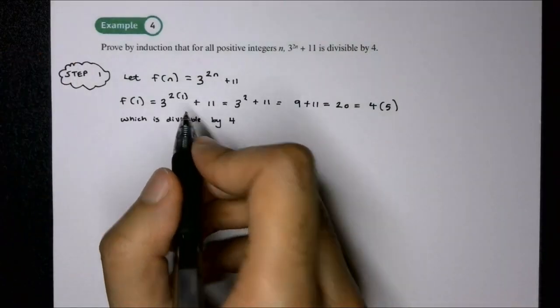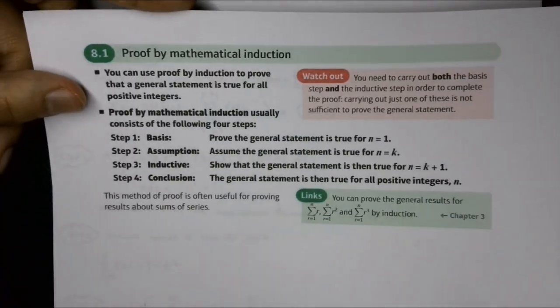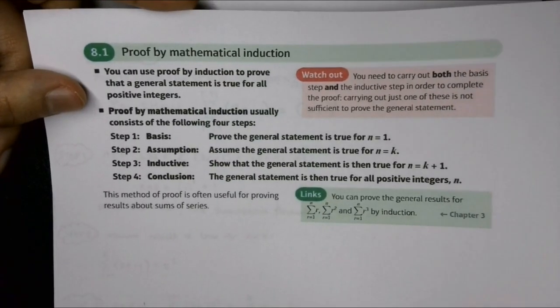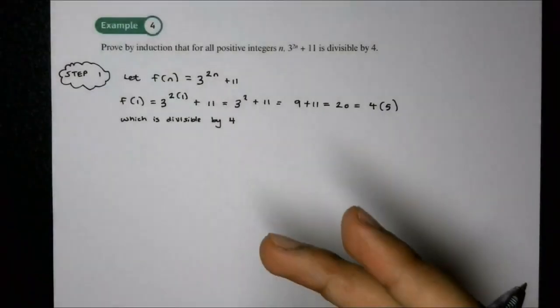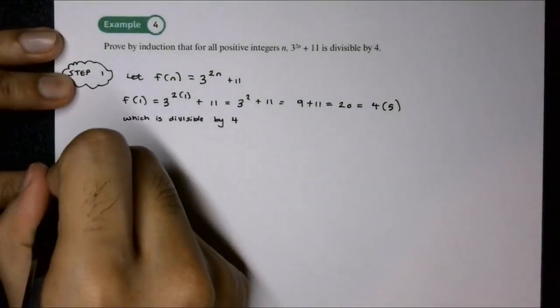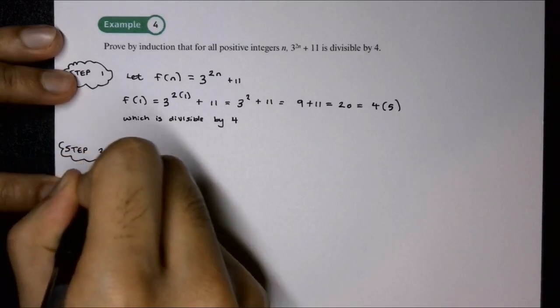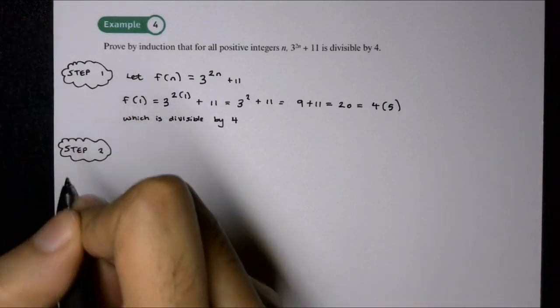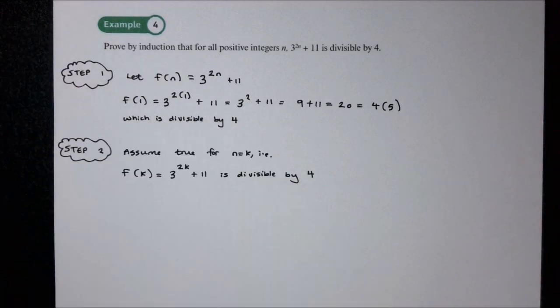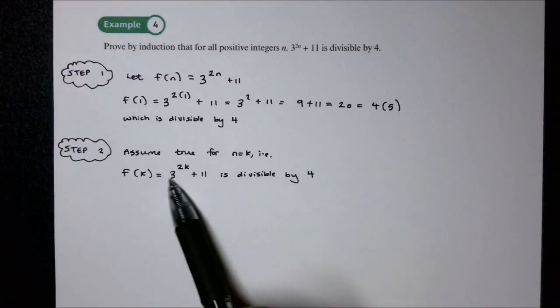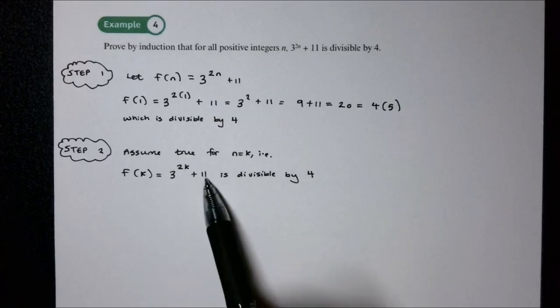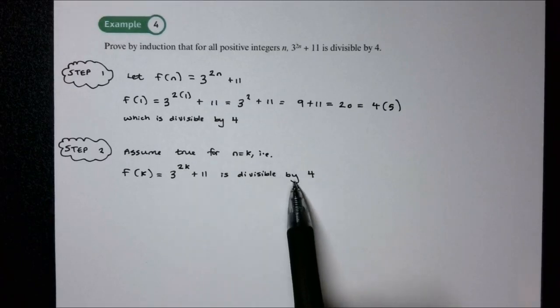And then you may recall for our second step, that's when we assume that the result is true for n equals k. So for step 2, we will assume that the result is true for n equals k. In other words, f of k equals 3 to the power of 2k plus 11 is divisible by 4.